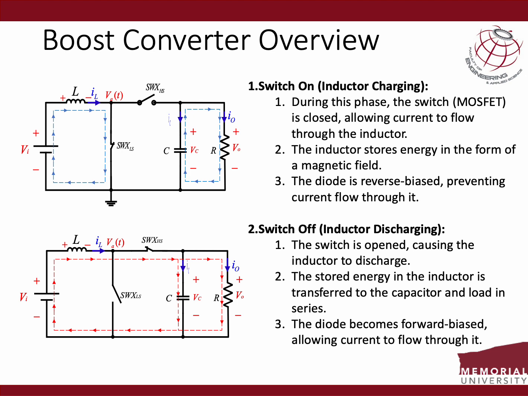For the open loop boost converter circuit, it operates this way. When the MOSFET is switched on, the voltage across the inductor conducts to ground, and the diode behaves like an open circuit in this situation.